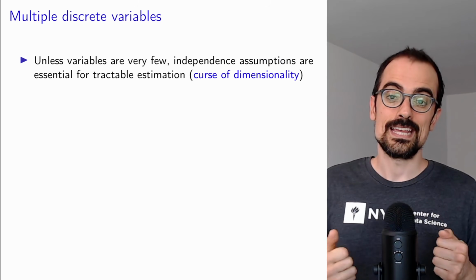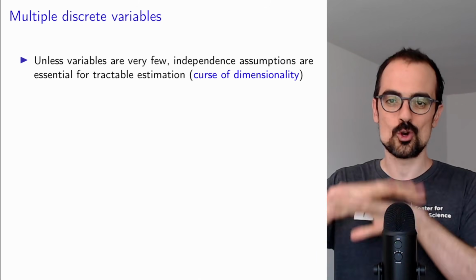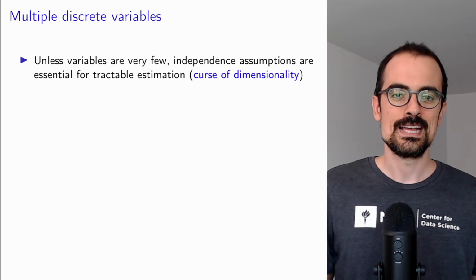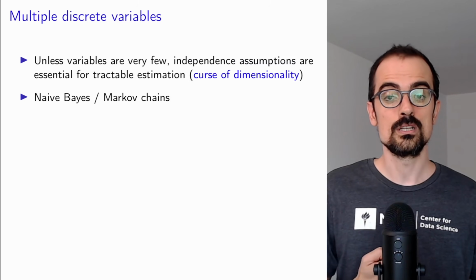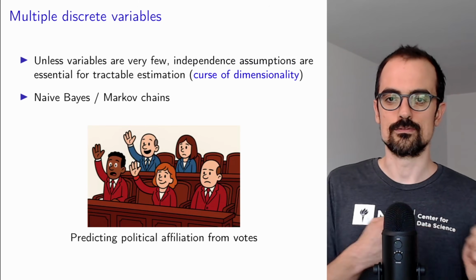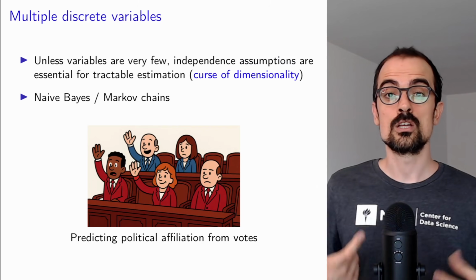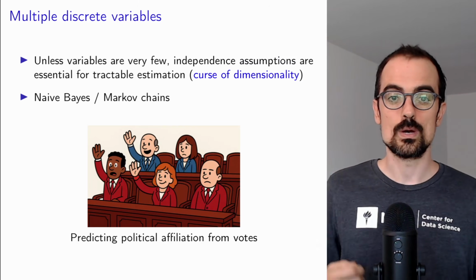And this is why in machine learning we make conditional independence assumptions all over the place, because otherwise it's impossible to compute anything from data. An example of this is naive Bayes, a method for classification that we apply to predicting political affiliation from votes in the US Congress, and also Markov chains, which enable us to model time-structured data in a tractable way, also applying conditional independence assumptions.